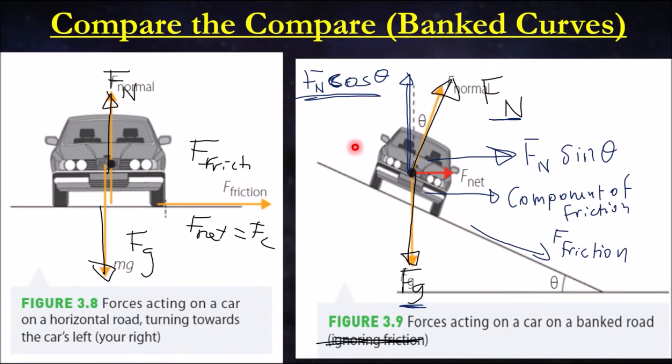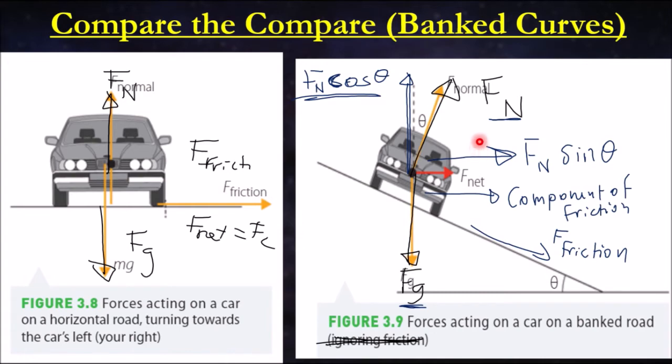Let's firstly compare a car that's trying to do a curved bend on a flat road with that on a banked road. For the flat road scenario, the contributing factor that causes the centripetal force is the static friction force on the road as the car is turning.